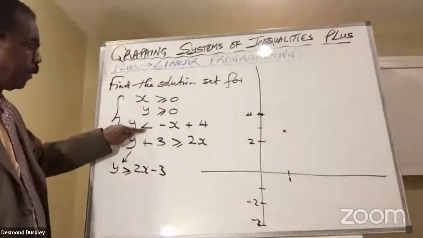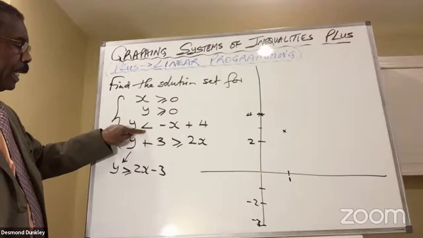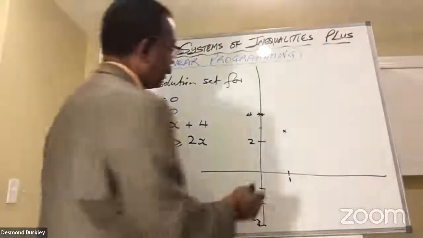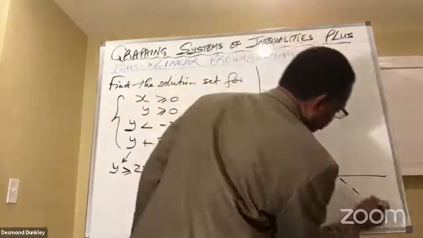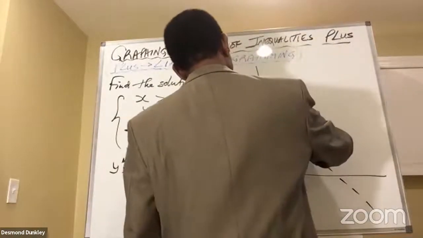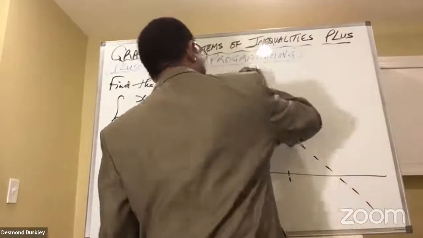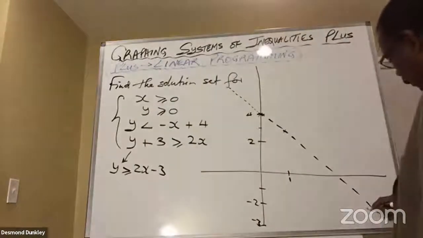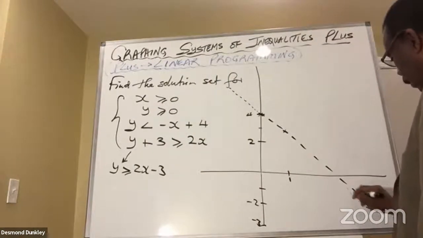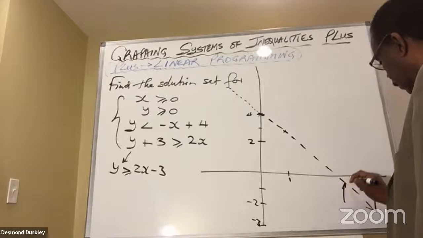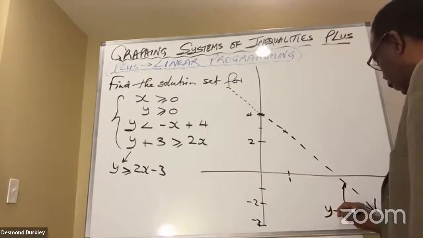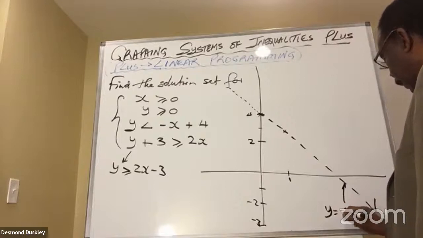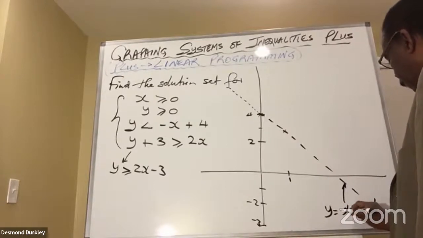And what type of line do we have? We have a dotted line. So let me see if I can get this drawn. Okay, so now I can label this as y equal to negative x plus 4.